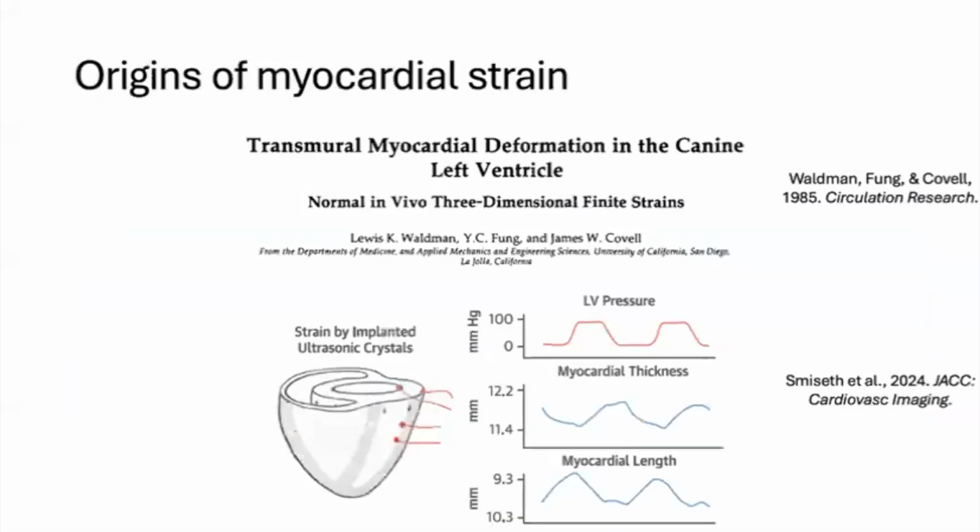So strain analysis, at least for the myocardium, was first probably understood and explored in the early to mid 1980s, with some of the first papers being published on canine subjects, a lot of them from Dr. Waldman here, such as this one from 1985.